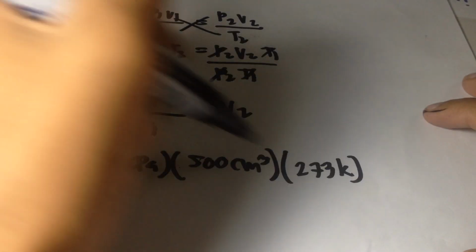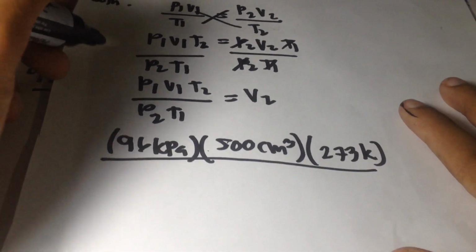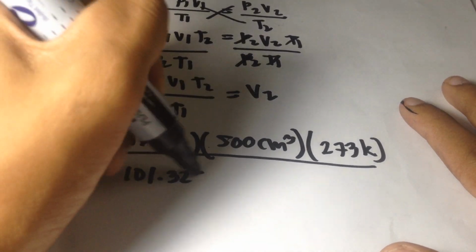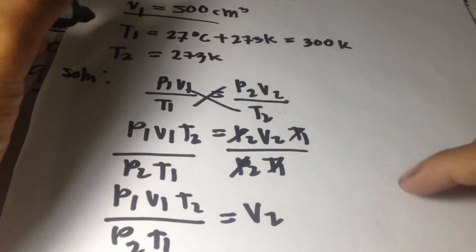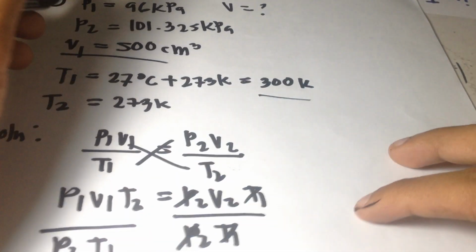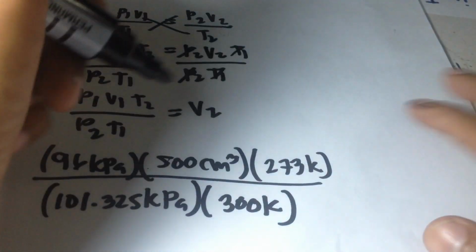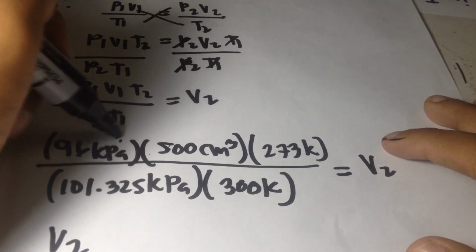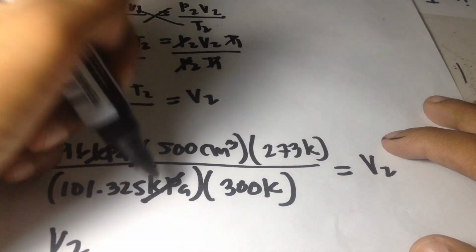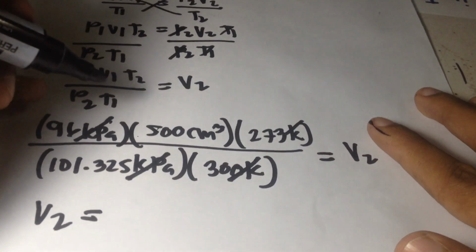divided by the pressure 2, which is 101.325 kilopascal at STP. And then the last one is temperature 1, which is 300 Kelvin, is equal to volume 2. So kilopascal cancels out, and the Kelvin is cancelled. So the left is volume, which is cubic centimeter.